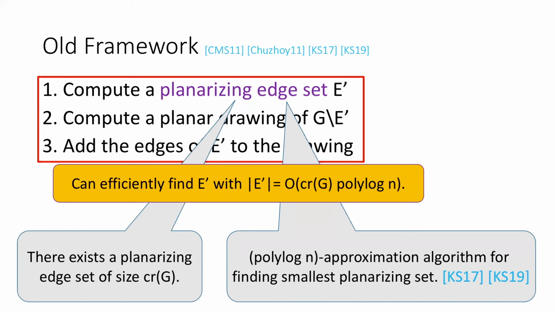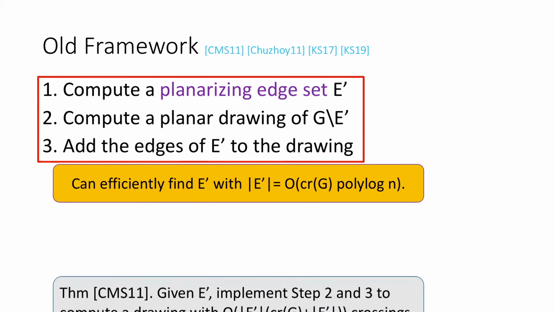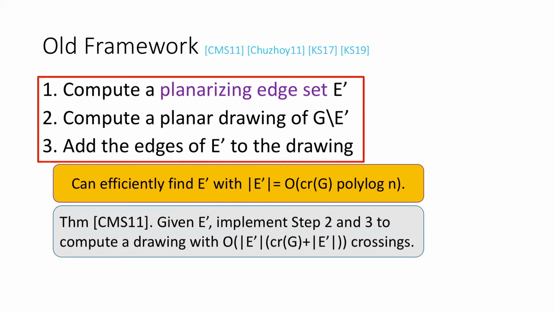So in the paper by Chuzhoy, Makarychev, and Sidiropoulos, they show that given a planarizing edge set E prime, they can efficiently compute a drawing by implementing the second and the third step in some way with size of E prime times (size of E prime plus CRG) crossings.